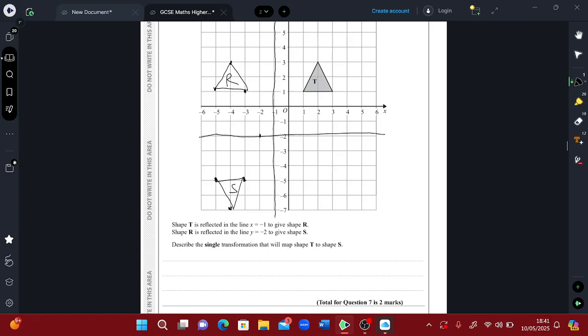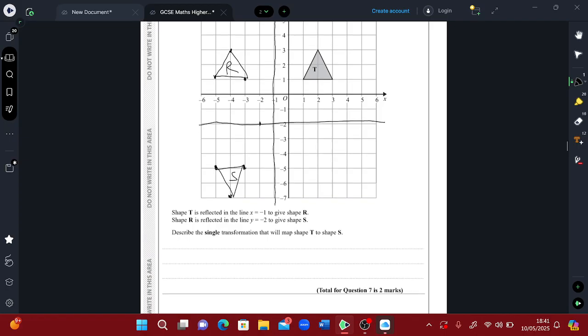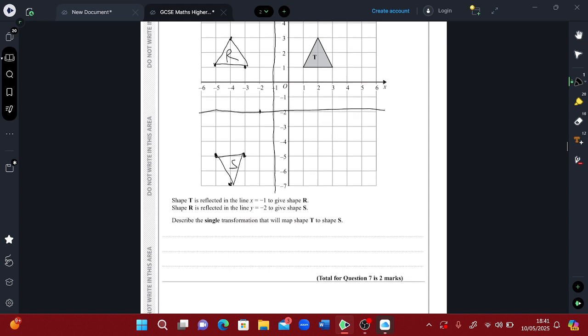So I think that might be the point of rotation. It's pretty hard to see, but the point of rotation is somewhere here. This is where you need tracing paper, but I'd say it's a rotation.